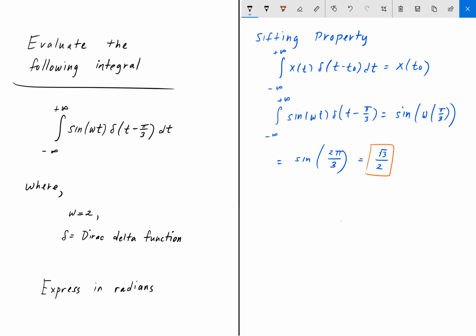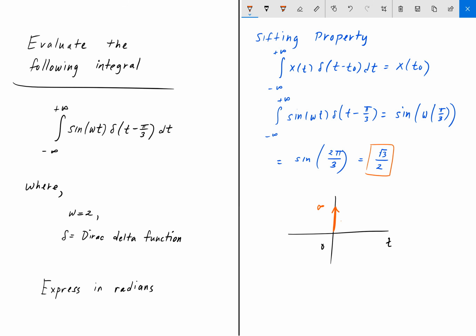And the important thing to remember here is just this sifting property and how we can use it to solve these integrals. So remember that the Dirac delta function is a function that's infinity at t equal to 0, and it's 0 otherwise. So it's just a very, very long vertical line that goes to infinity.